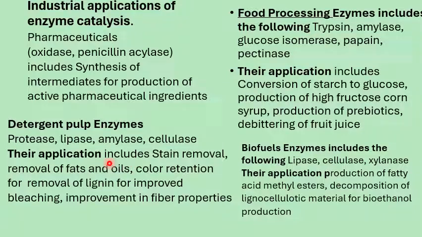So these enzymes are applied in different catalysis. They are found in application in different aspects. But the industrial application of these enzymes is our main focus. How are they applied?